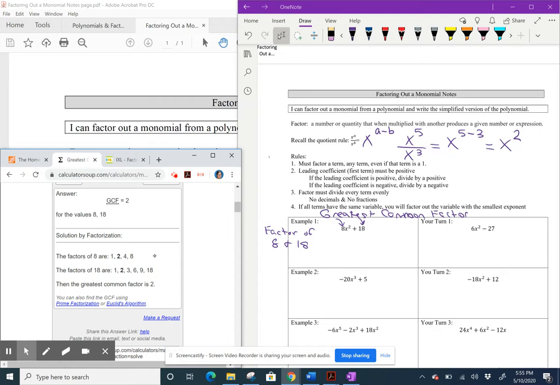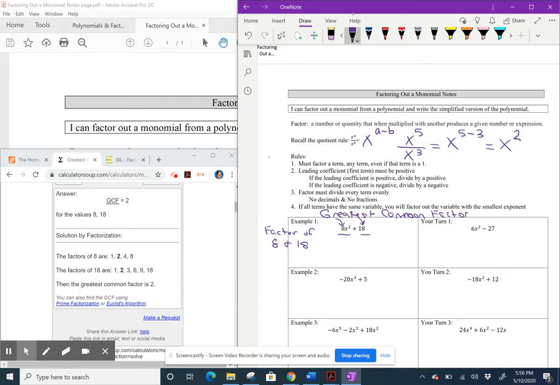And then the factors of 18 are 1, 2, 3, 6, 9, and 18. Well, we need to find the biggest number that they have in common. Notice that 1 is in common, but so is 2. So the greatest common factor of 8 and 18 is 2.